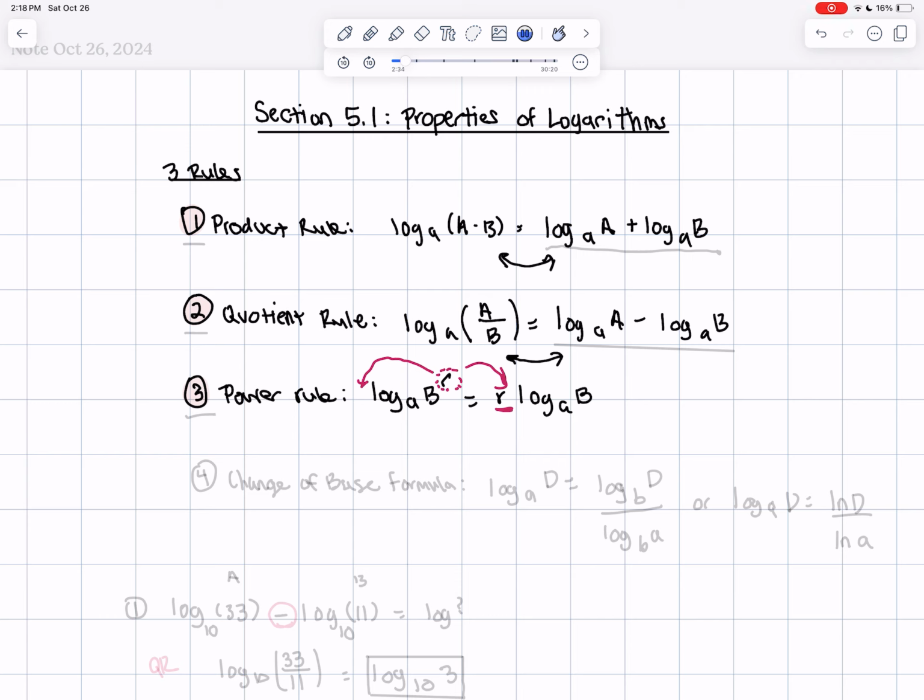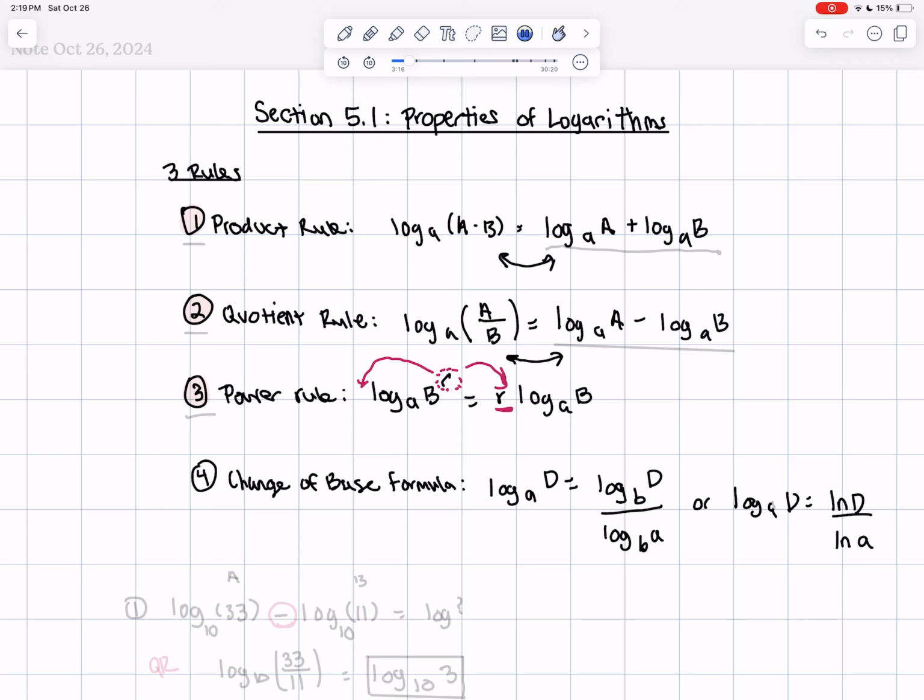And then the last rule is the change of base formula, which says log base a of D is equal to log base b of D divided by log base b of a, or log of D over log of a, or ln over ln.